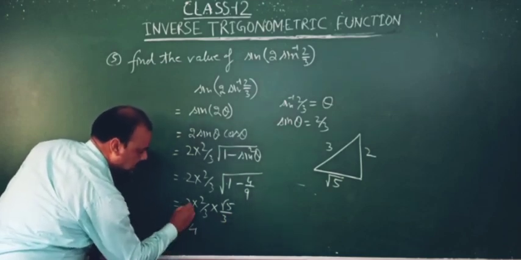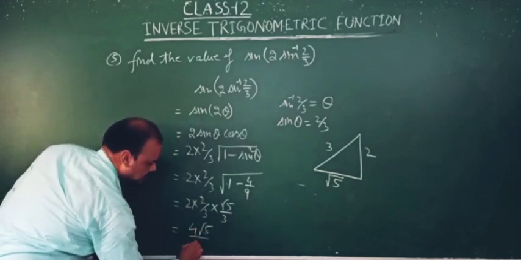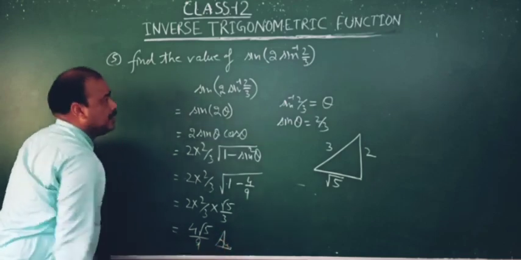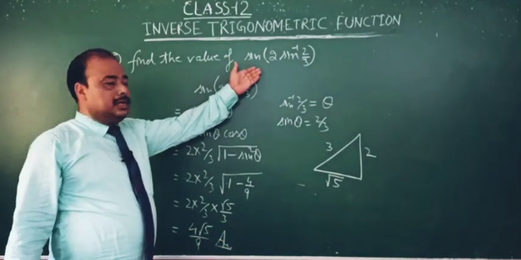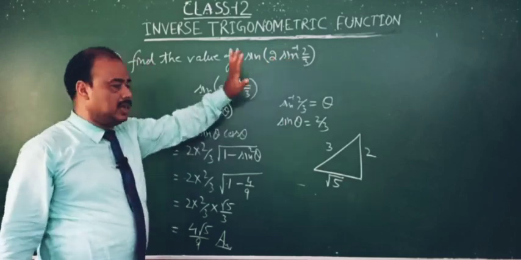Then the final answer will be 4 root 5 divided by 9. This is the value of sine 2 sine inverse 2 by 3.